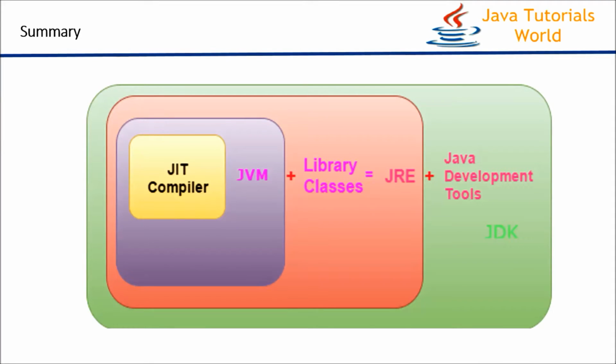JDK contains all these tools plus JRE. JRE contains library classes plus JVM. And finally, JVM contains JIT compiler. I hope this clears what is JDK, JRE, JVM, and JIT compiler.